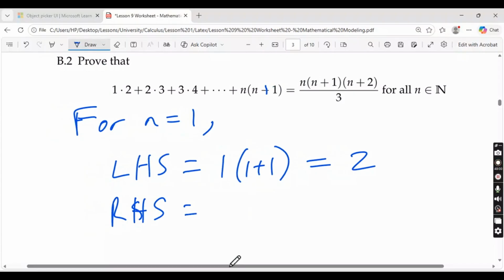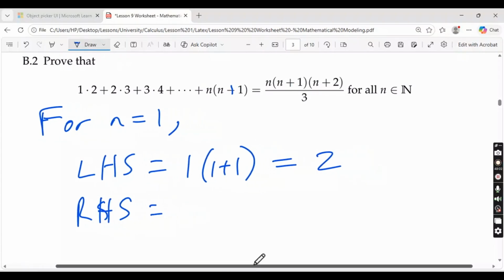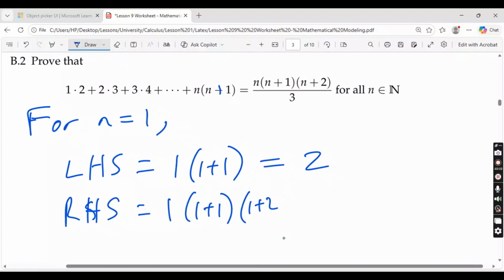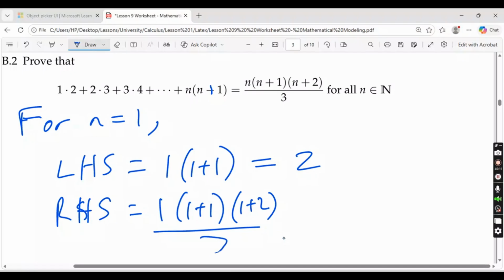What do we write for that? This is 1 times 1 plus 1 times 1 plus 2, all over 3, which simplifies to 2 times 3, which is 6 over 3, which will give us 2.